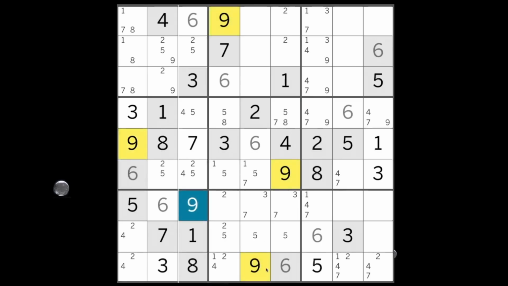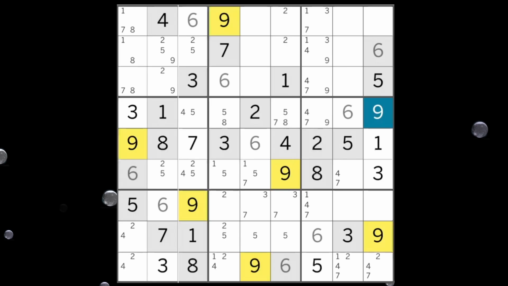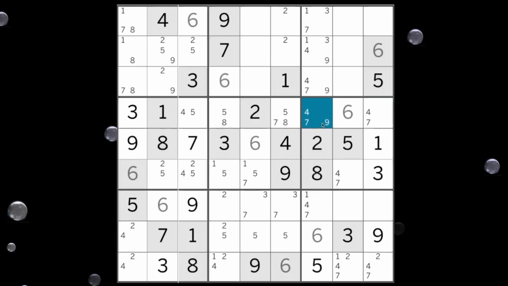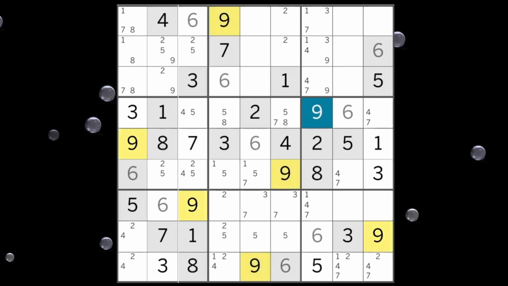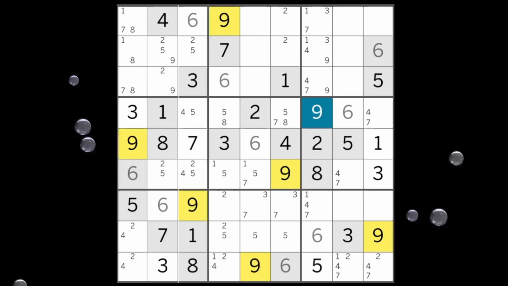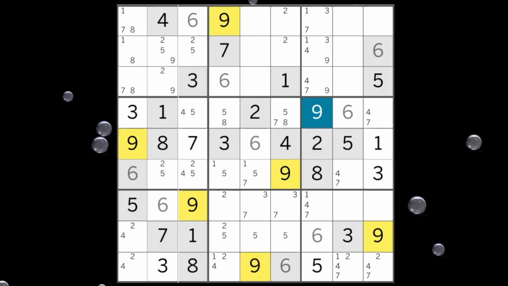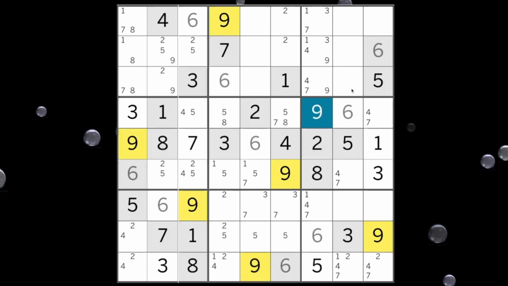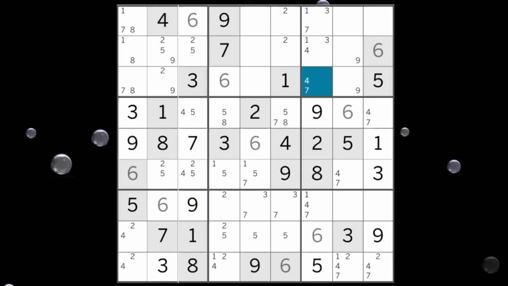I just realized we have a 9 here and a 9 here. That has to be a 9. Oh, no. And, which means that has to be a 9. Which makes the 9 there.